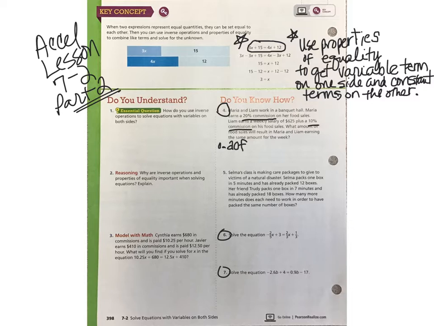I'm going to call that F for food sales. What we're trying to do is figure out what amount of food sales she needs for that number to be equal to Liam's salary, which is $625 plus he earns 10% of his food sales in commission. So now we're going to solve this equation for F.